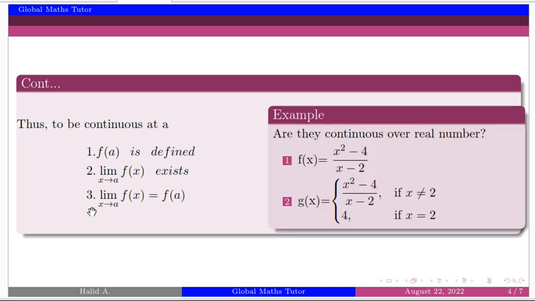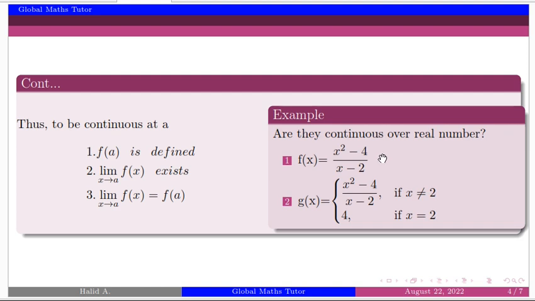Let's do some examples. The question is, are they continuous over all real numbers? For example, this is a rational function. If it is a rational function, the only thing we should check is its denominator, because we can substitute any value of x except a number that makes the denominator equal to 0.